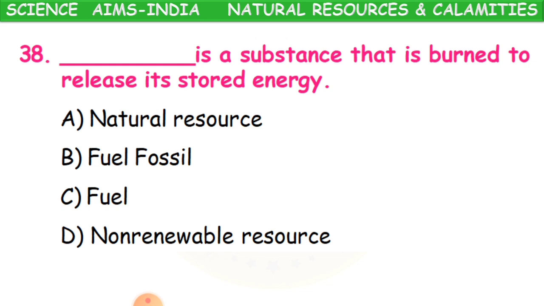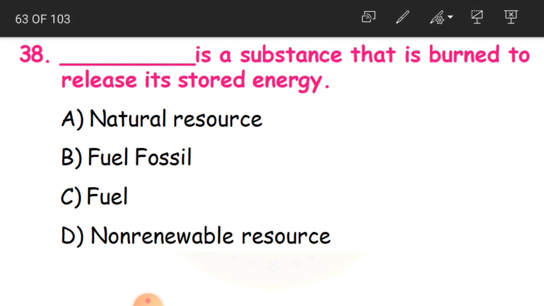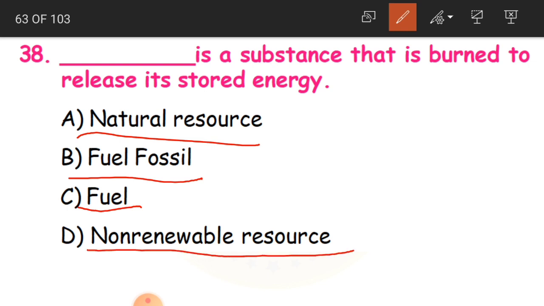Substance is nothing but a material that is burned. When we burn it, it's going to release its stored energy. What is it? Either natural resource, fuel, fossil fuel or non-renewable resource. And the answer is fuel.